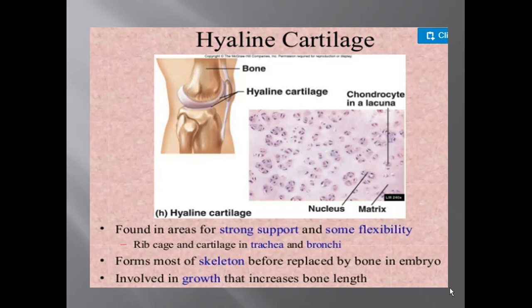They must be covered by lacunae. And as well, you will see the nucleus and the matrix. Where is hyaline cartilage exactly found? It's in areas needing strong support and some flexibility, like the rib cage and cartilage in the trachea and bronchi.